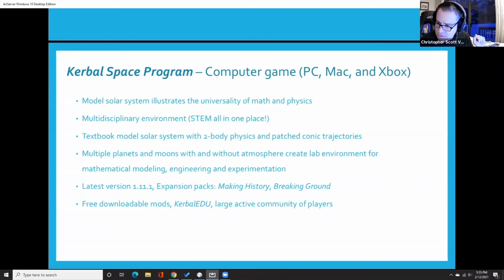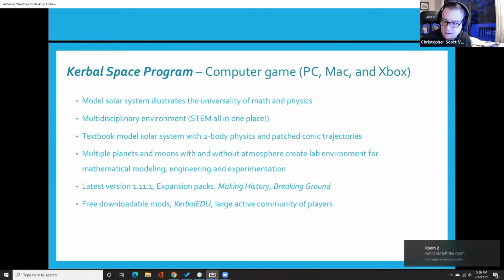I already put into the chat something I'm going to refer to later. There's a link to a website where I wrote a workbook that includes questions all the way from algebra up to differential equations, pre-calc, calc 1, 2, and 3 material.